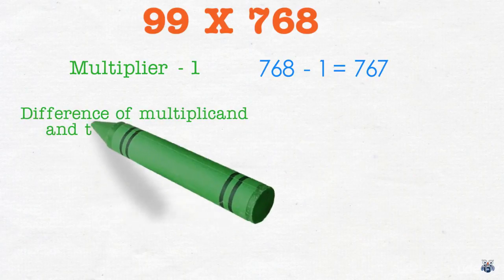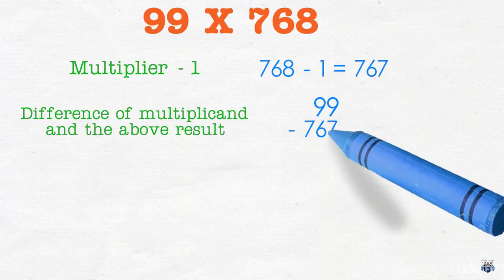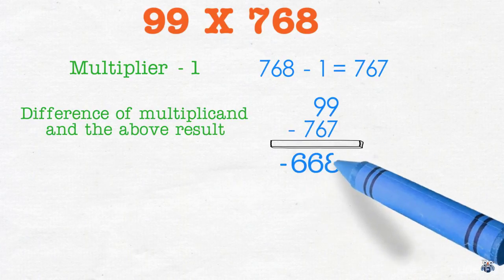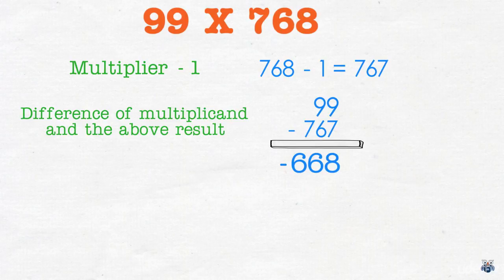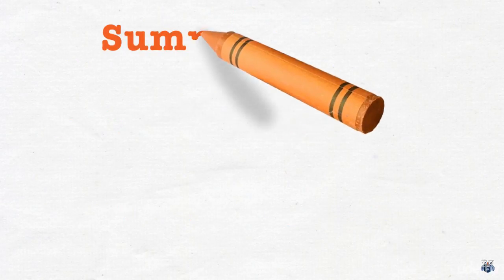We then find the difference of the multiplicand and the above result. 99 minus 767 gives us a negative result, which is minus 668. This does not look right. As you can see, this method does not work when the number of 9s in the multiplicand is less than the number of digits in the multiplier.